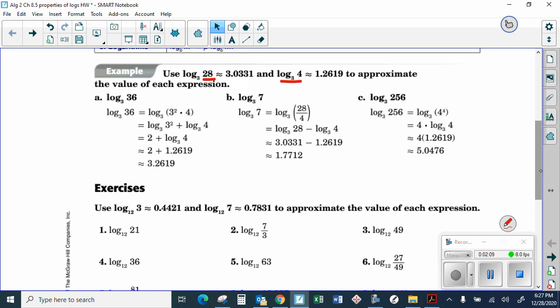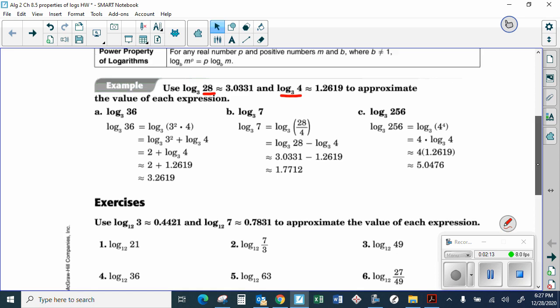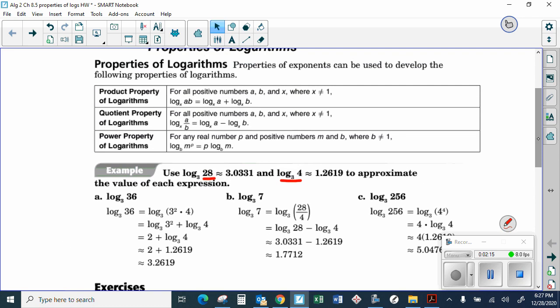Now, the one thing they didn't talk about, unless I skipped it on the previous one: log base b of b. If the base and the argument are the same, that equals 1. You need to know that.